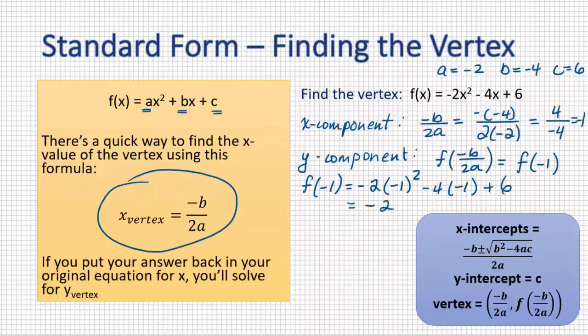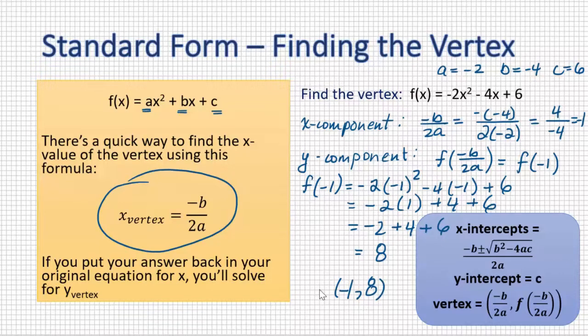This gives us negative 2 times positive 1 plus 4 plus 6, or negative 2 plus 4 plus 6, and ultimately positive 8. So the vertex of this function is at the point negative 1, 8.